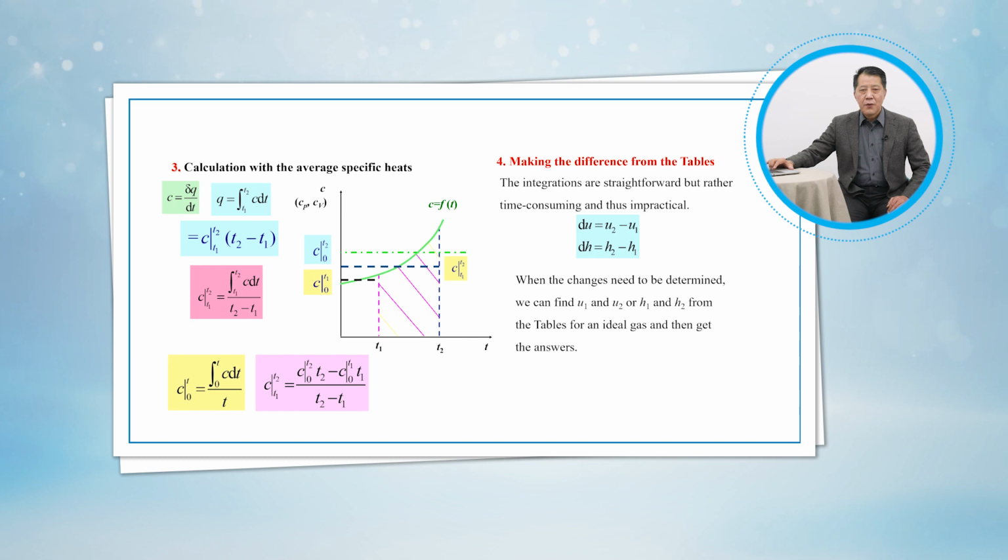The changes of U and H can be easily found with tables. The choice of the reference state has no effect on delta U or delta H calculations. The U and H data are given in kilojoule per kilogram for air and usually in kilojoule per kilomole for other gases.